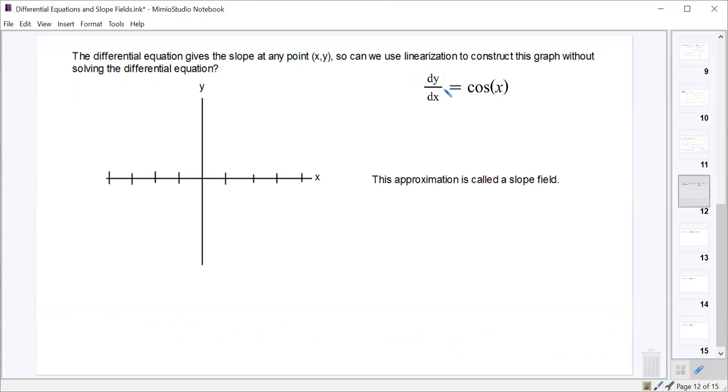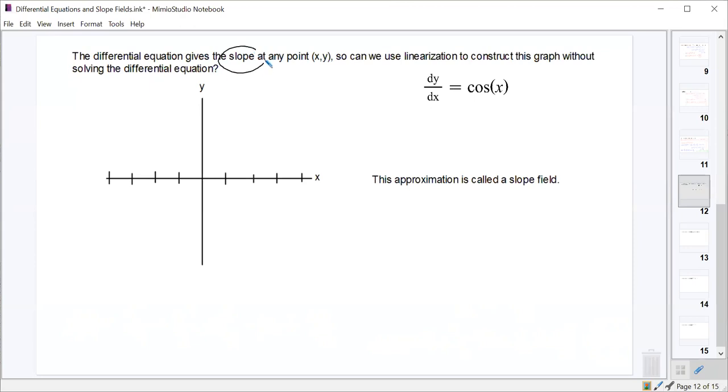what does dy dx represent? It's a derivative. And what's a derivative? The instantaneous rate of change. And what is the simplest word, singular word, that we can use to represent an instantaneous rate of change of something? Slope, exactly. And so that's what this is.